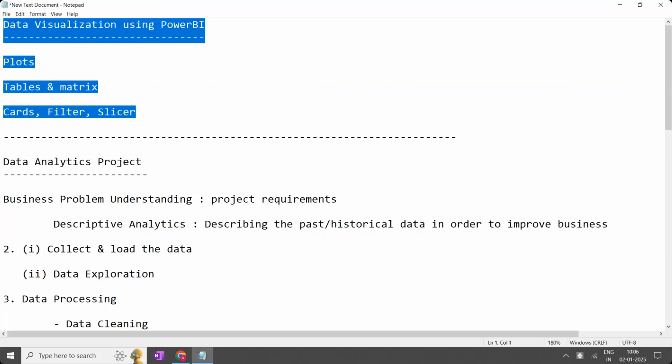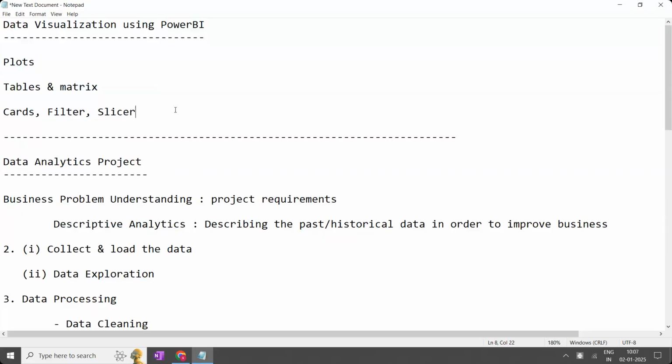So whether you have understood this or not, I have to test you. Today I'll share one data set and please create one dashboard using only these three, without using the functions. If this is very clear for you, then tomorrow, when we discuss the functions, it will be clear.